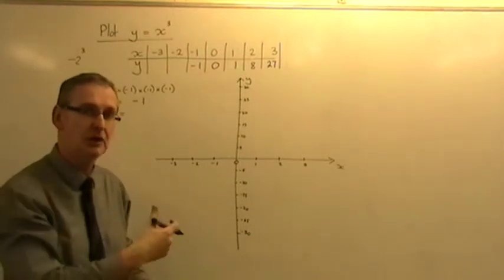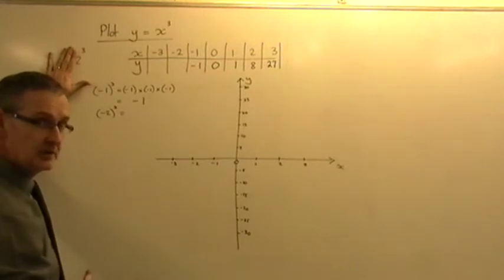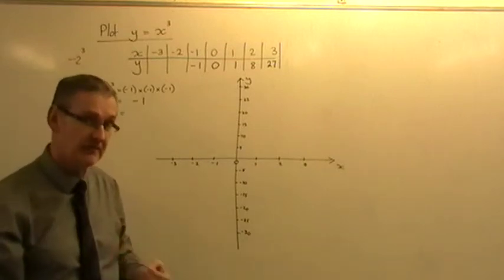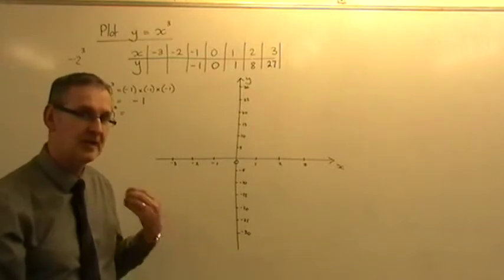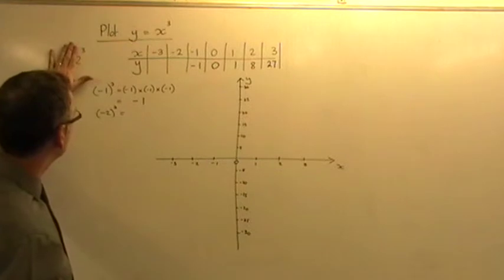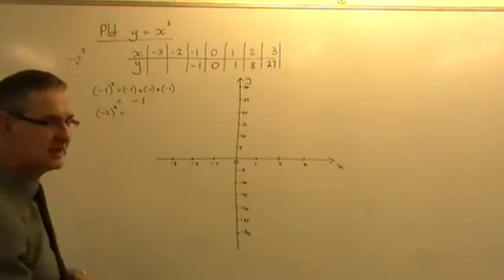Minus 2 cubed like that means that you should cube the 2 first and then put the minus in afterwards. Now by chance, in this example, it does give the same answer, but it's for a different reason. You're doing a different process when you do that. You are doing 2 cubed, 8, and then you're putting a minus in front of it, minus 8.